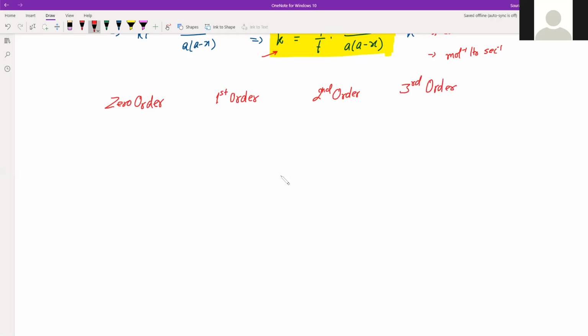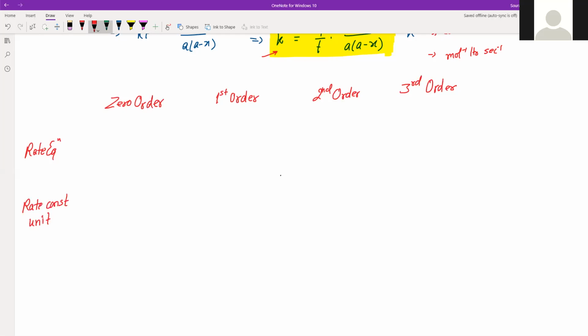We have the rate equation, but more importantly, we are bothered about the rate constant unit. What will be the unit of rate constant?